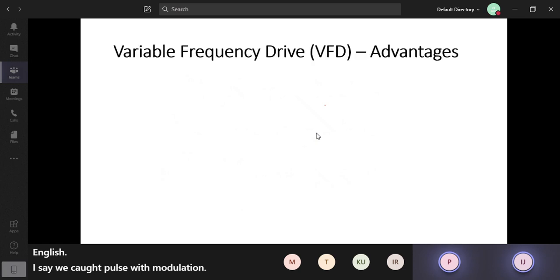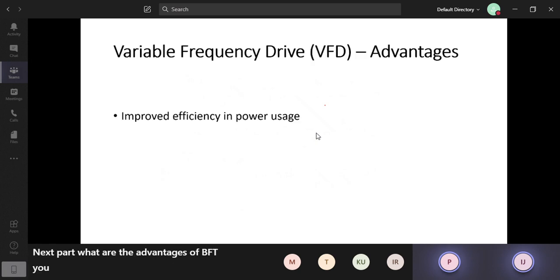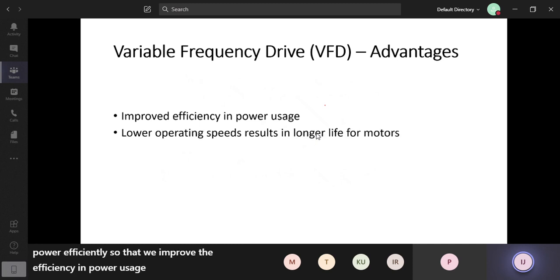Okay. Next part, what are the advantages of VFD? The obvious one is that we use the energy or power as per our requirement. According to our requirement, when we change the speed of the motor, we will use power efficiently. So that will improve the efficiency in power usage. Second, lower operating speeds result in longer life for the motor.